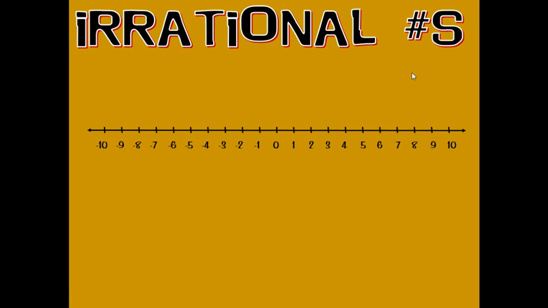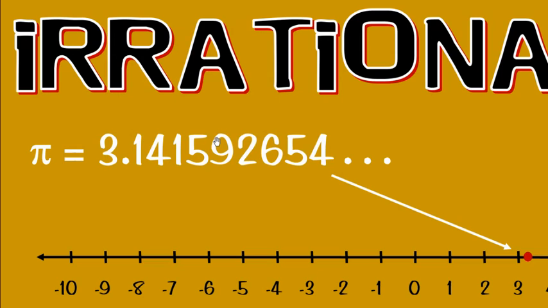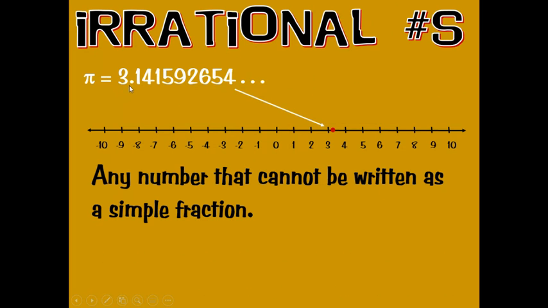Irrational numbers. You guys know the famous irrational number. Any number that cannot be written as a simple fraction. So, of course, the famous irrational number here is pi. We cannot rewrite pi as a single number. Pi is an irrational number, so we have to keep it irrational.